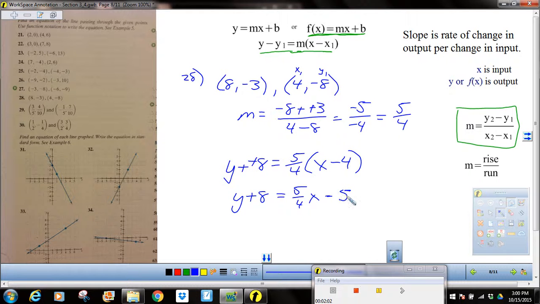Because there's no fraction in the constants, and there's not one in front of the y, I'm going to go ahead and just leave the fraction. I can get rid of 8 by minusing 8. I don't have fractions to deal with over there.